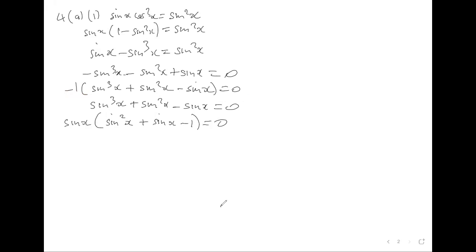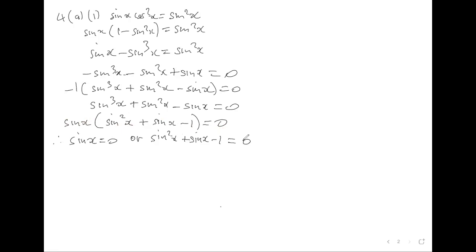Then we have the product of this factor and this factor giving us 0. It implies either this is equal to 0 or the other factor inside the bracket equals 0. So we have sine x equals 0 or sine squared x plus sine x minus 1 equals 0.